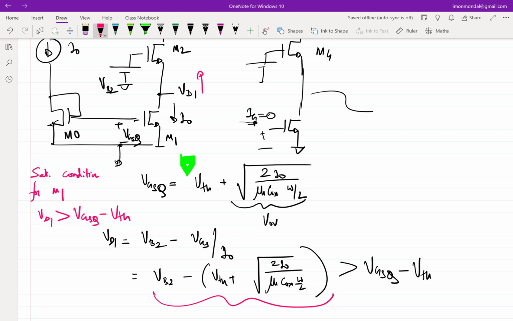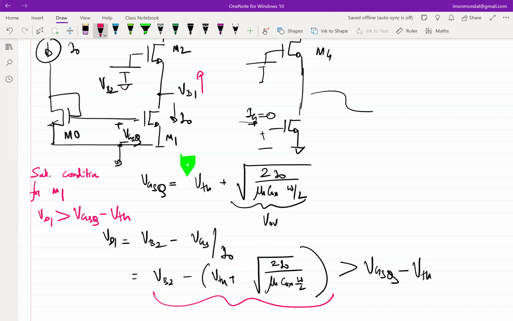See, you only have voltages, gate, and W by L. There's nothing else. So what are you going to do to W by L of M2? You have to increase the W by L of M2, right? If you increase the W by L of M2, then VGS is going to decrease. Gate is constant, which means the source of M2 is going to go up, right?